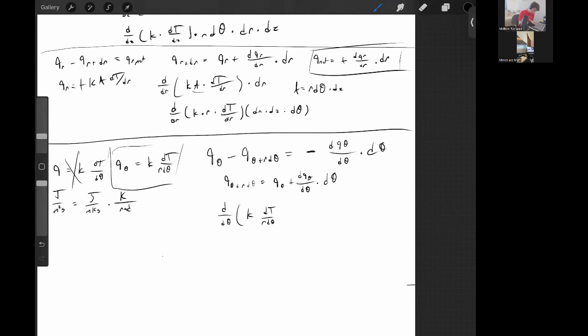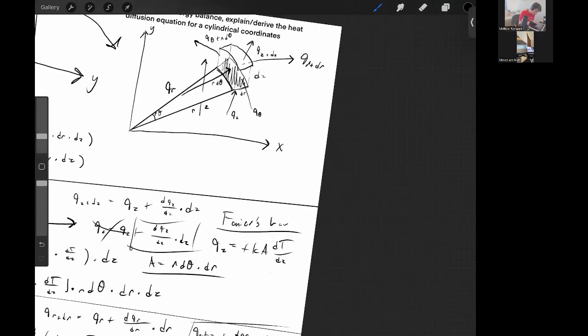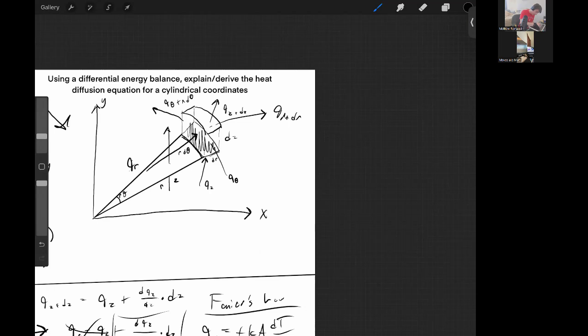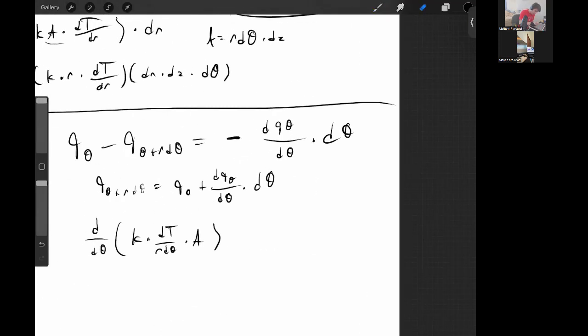And then we're going to multiply this by our area, which if we go back up here, the cross-sectional area of this three-dimensional shape is going to be our change of radius multiplied by our change of z. So I'm just going to rewrite this as change of r times change of z.